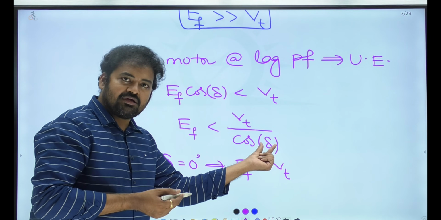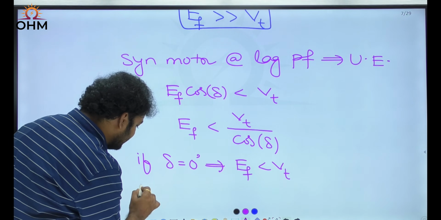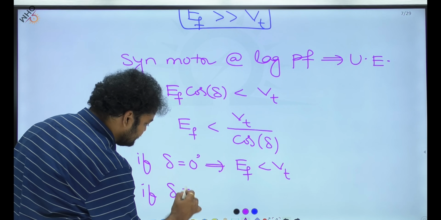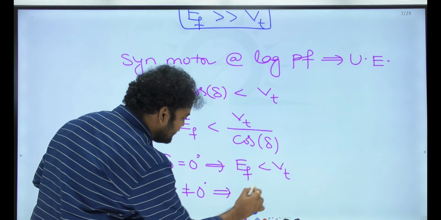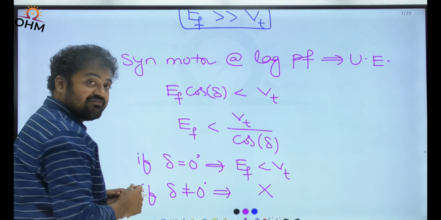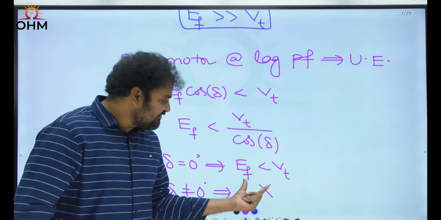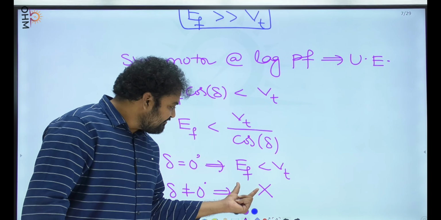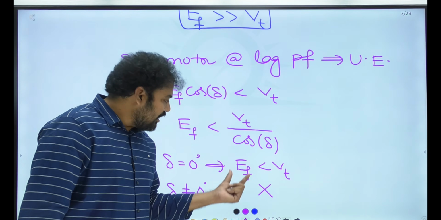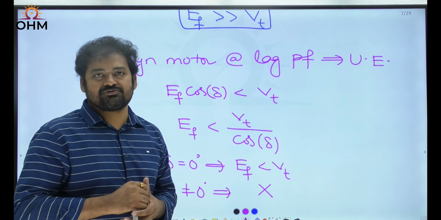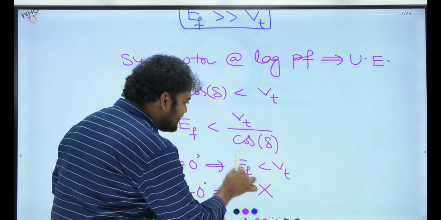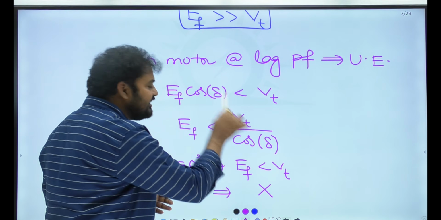So if delta is not equal to 0, this relation cannot continue forever. You cannot say always EF less than Vt. EF may be less than Vt, EF may be greater than Vt, or EF may be equal to Vt. It all depends upon the cos delta value, EF value and Vt value.